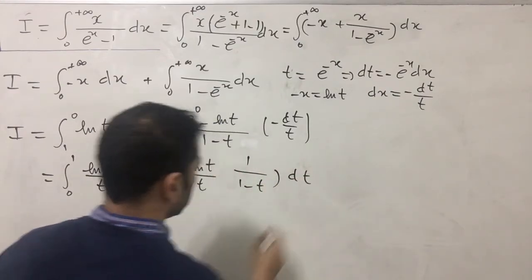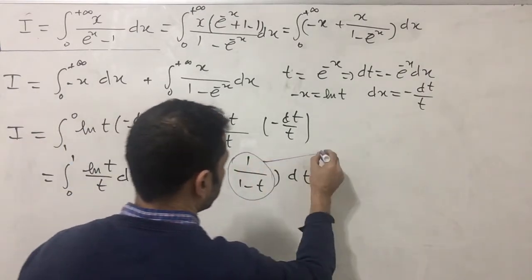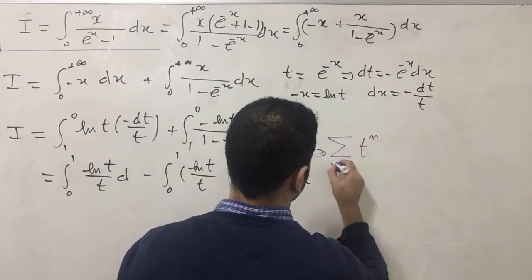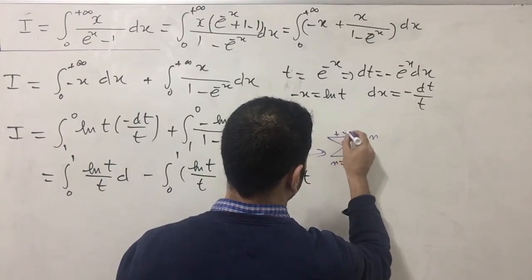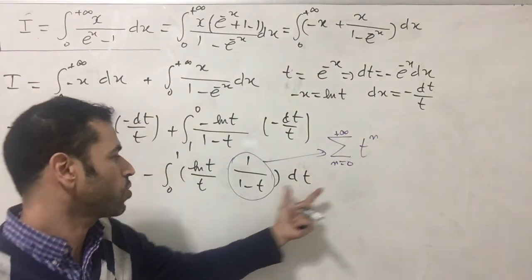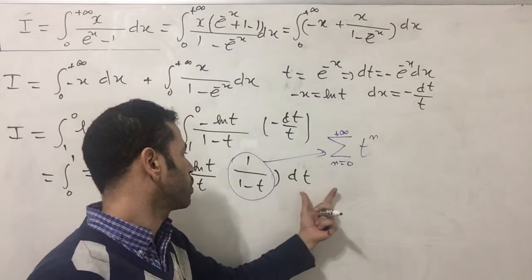dt. As you see here, this term 1 over 1 minus t will be replaced with the sum of t to the n as n goes from 0 to plus infinity. This is a geometric series, a convergent series. That's why I replace this one with this one.